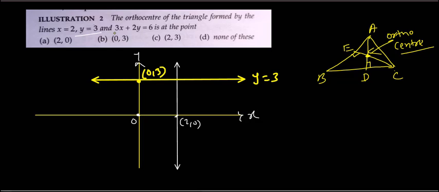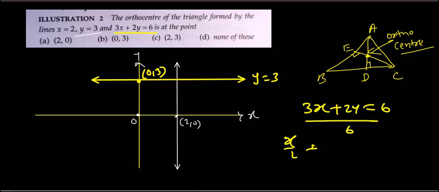Now this third line, 3x plus 2y equals to 6. Draw it. Find its x-intercept and y-intercept. How to find the x-intercept, y-intercept? To find the x-intercept, just put the value of y as 0, you will get the value of x-intercept. Or you can convert it into the double intercept form. Just divide both sides by 6. What will I get? x by 2 plus y by 3 equals to 1.